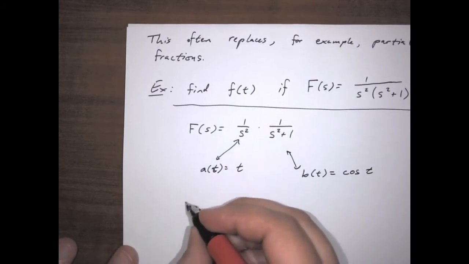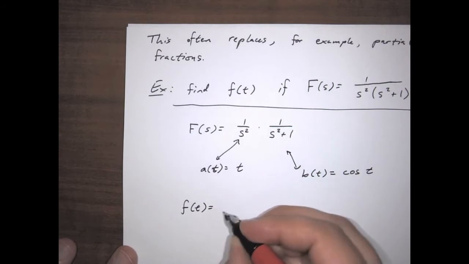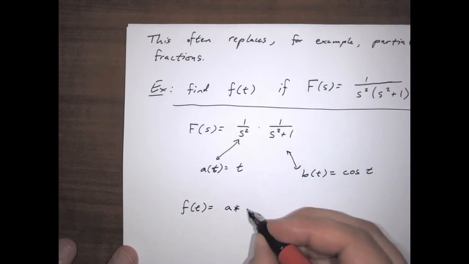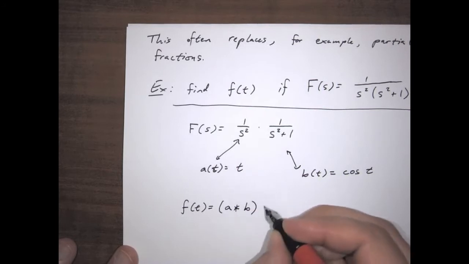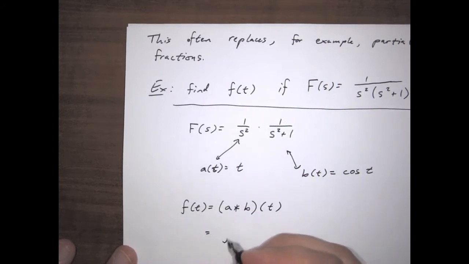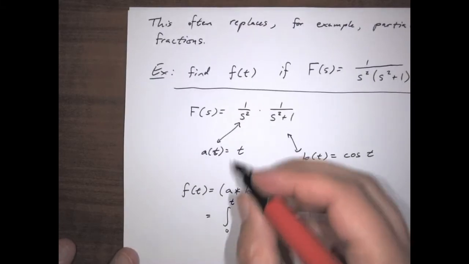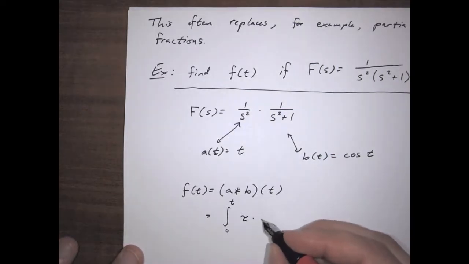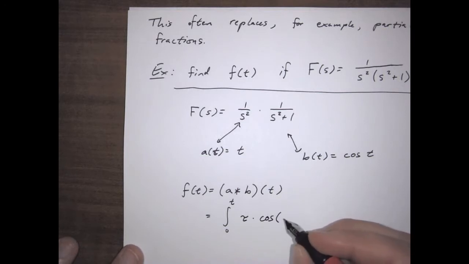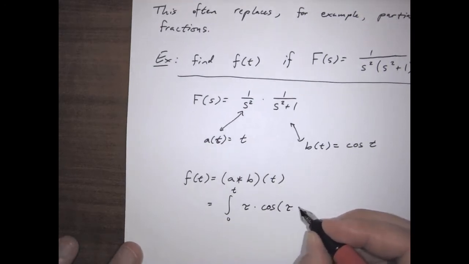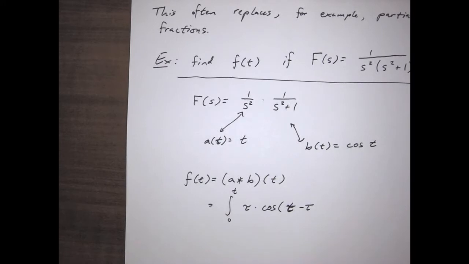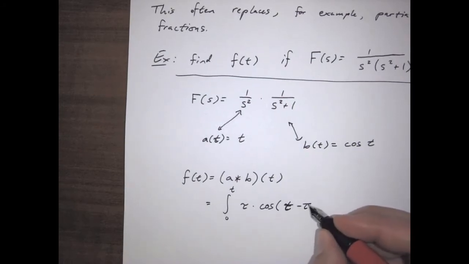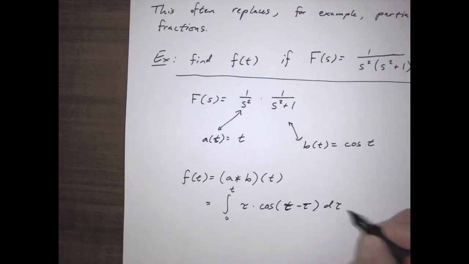And so what we'd be dealing with here is f of t is equal to the convolution of a and b of t, which would be the integral from 0 to t of, on the one hand, just tau, times, on the other hand, cosine of t minus tau, d tau.